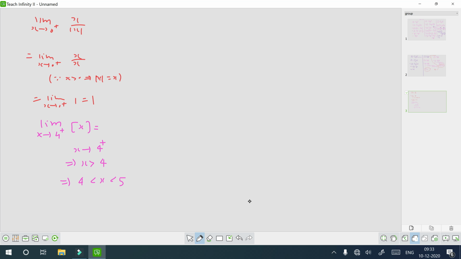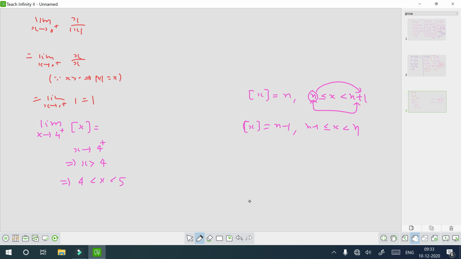Let us recall integer part function. This is equal to n, when? If n less than or equal to x less than n plus 1. These two are successive integers, n and n plus 1. Clear? And the other one is n minus 1 less than or equal to x less than n, then the integer part function is equal to n minus 1.